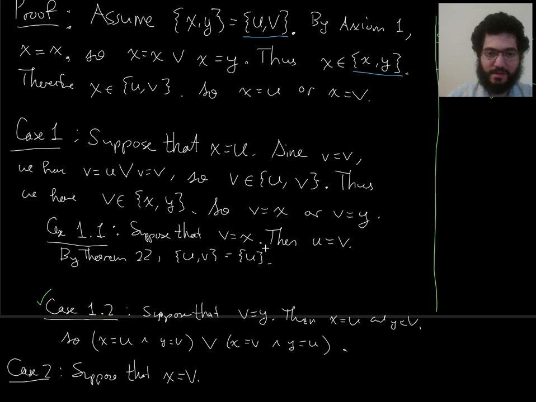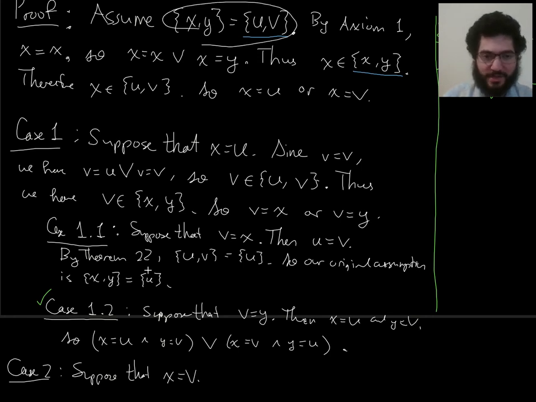Okay, so then our original assumption up here is that doubleton xy equals singleton u. Not really, our original assumption is this, but it's very close to this.